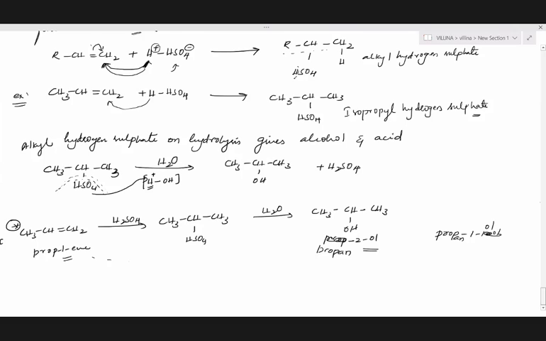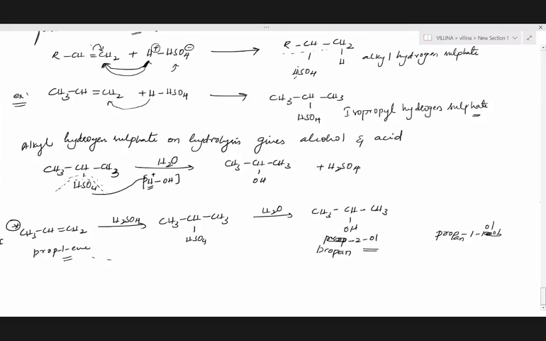So let's take a simple example. Let's start with propene. If R is CH3, you have CH double bond CH2. In the presence of H2SO4, you have H and HSO4. So what will happen? This H will be added over here and the HSO4 will be added onto the secondary carbon. So you have CH3, CH3, and over here you have HSO4.